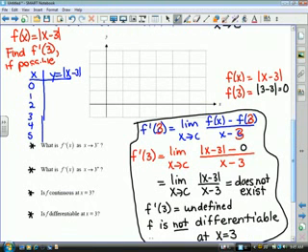If we plug these numbers in, we're going to get 3, 2, 1, 0, 1, and 2.